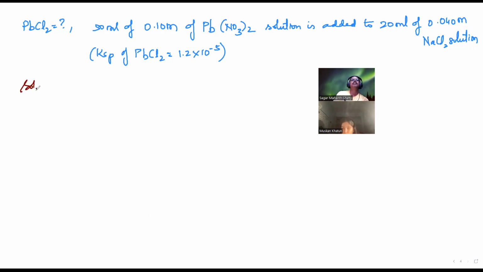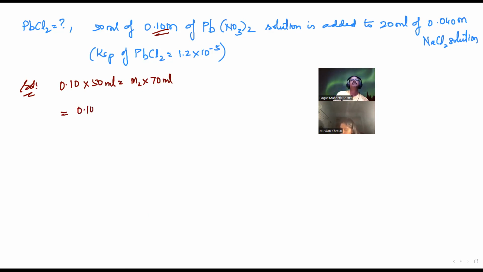For lead, that would be 0.10 times 50 ml is equal to M2 times 70 ml, the total volume.